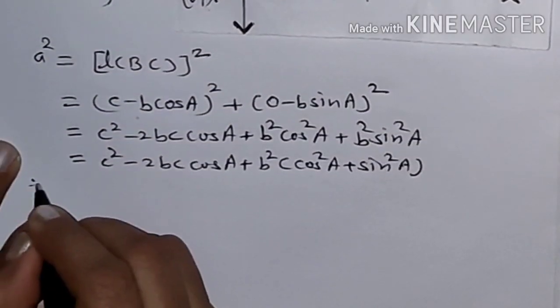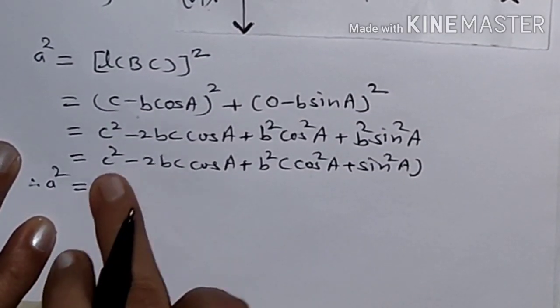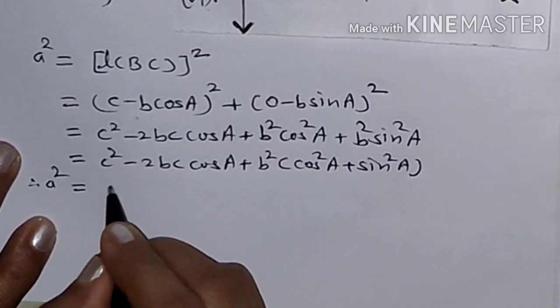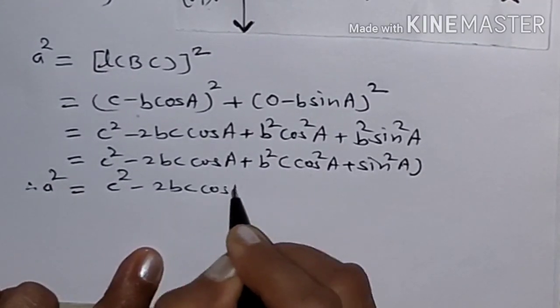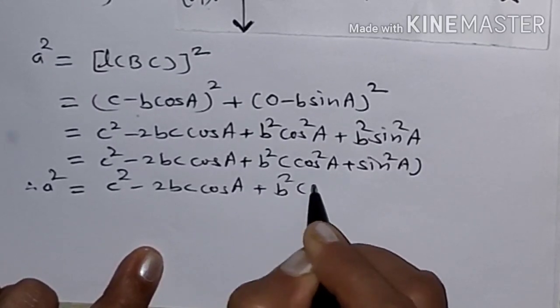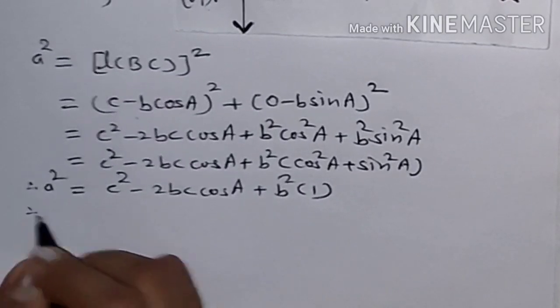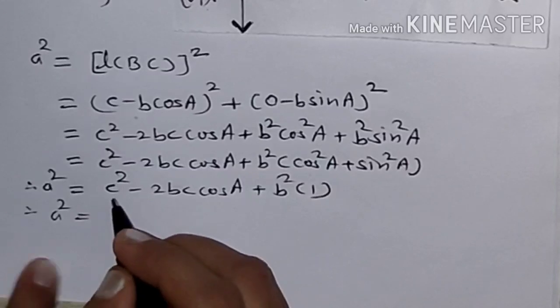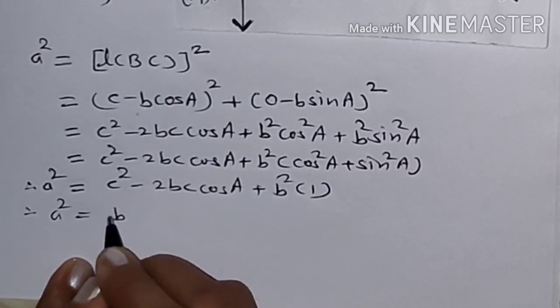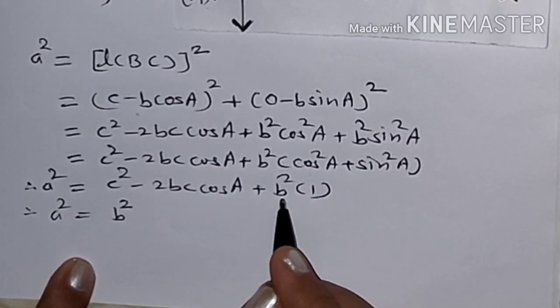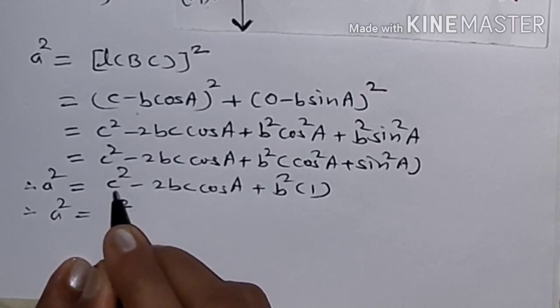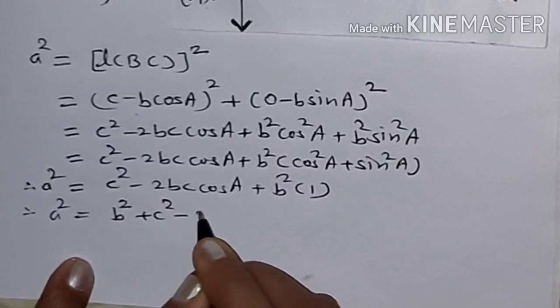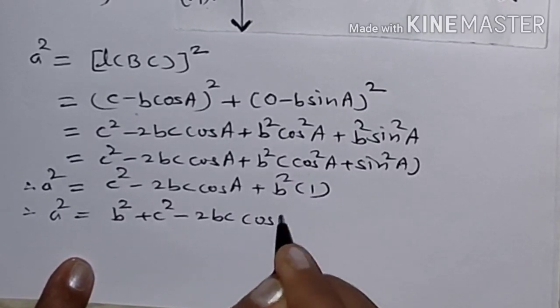Therefore a square is equal to c square minus 2bc cos A plus b square into 1. Let's write in cyclic order, first b square: a square is b square plus c square minus 2bc cos A.